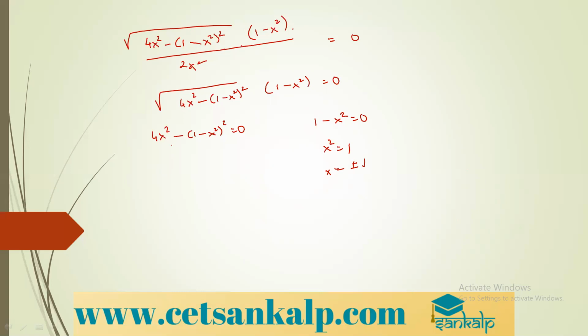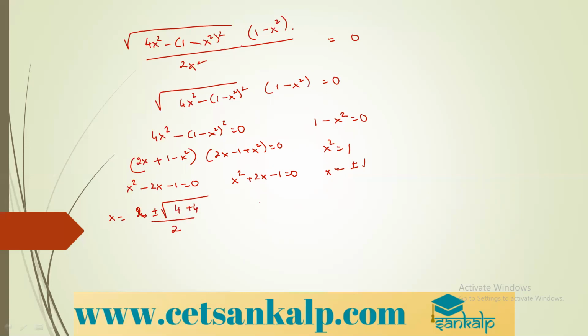But we have to solve this equation also. This will be a plus b times a minus b equal to 0. So we have x square minus 2x minus 1 equal to 0, x square plus 2x minus 1 equal to 0. So x will be minus b plus or minus square root of b square minus 4ac by 2a.